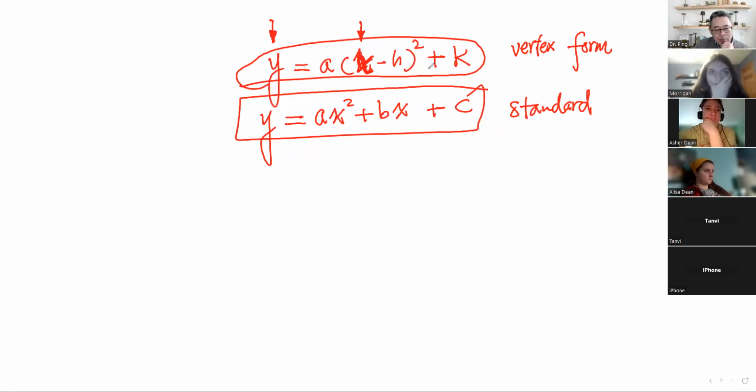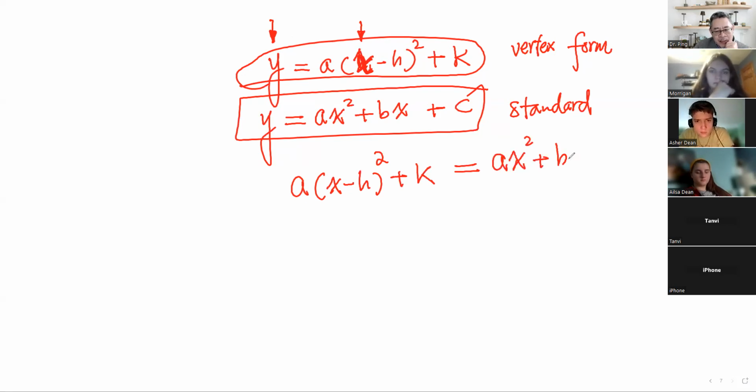It's just two different ways of saying the same thing. So therefore, we have the equation a times (x minus h) squared plus k equals ax squared plus bx plus c, right? Because we are on the same line. So this y and that y will always be equal if this x and that x are the same. Good? Are we good on this one?